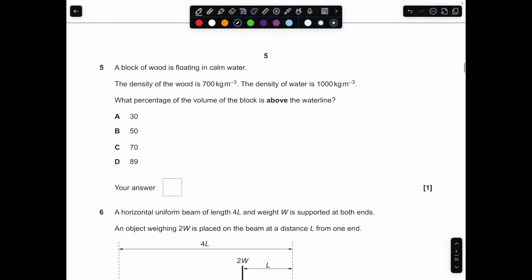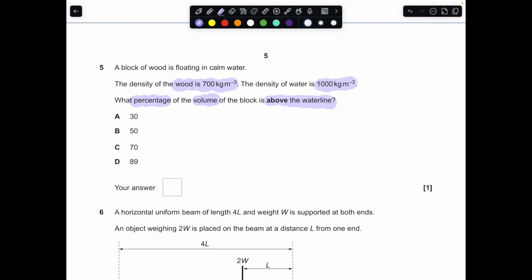Question number 5. A block of wood is floating in calm water. The density of the wood is 700 kilograms per meter cube, and that of water is 1000. What percentage of the volume of the block is above the waterline? So we know that the weight of the water displaced is equal to the weight of the block.